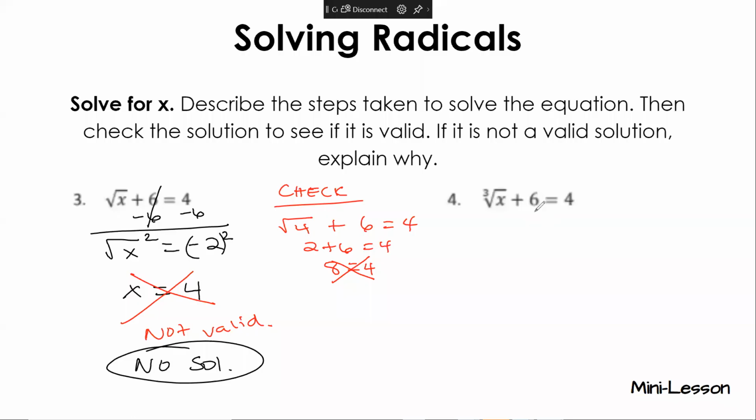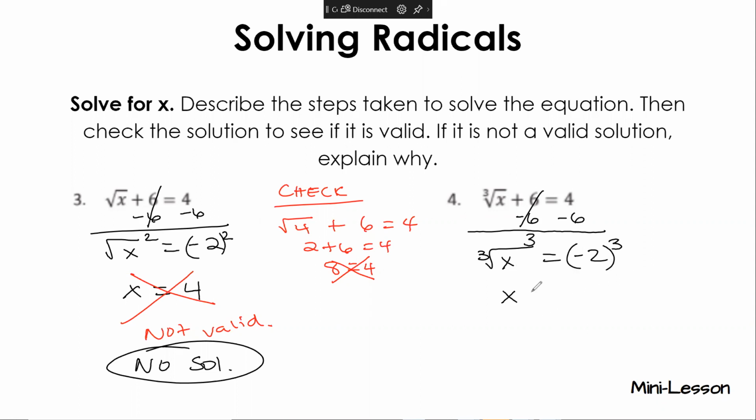Okay, on the next one, what are you going to do with this 6? Subtract it. So this is going to give me the cubic root of x equals -2. Now we want x by itself, so we're going to cube both sides. Notice how I put parentheses around that guy.